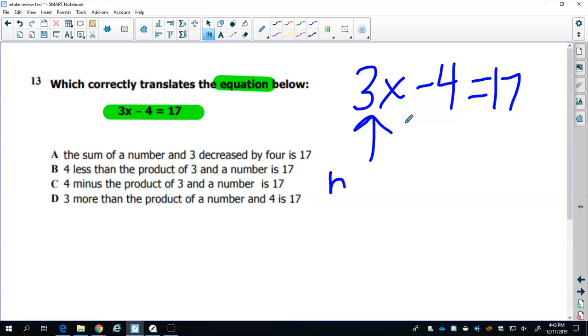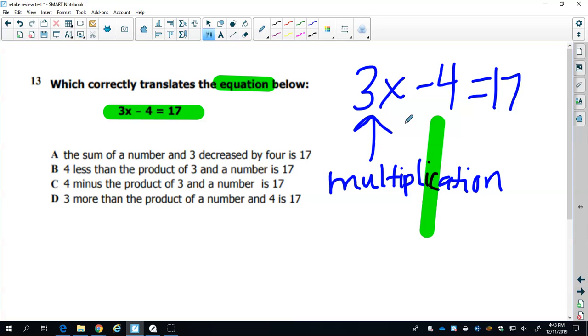So I know this is multiplication. Okay, and then this here is subtraction. So we've got multiplication and subtraction.